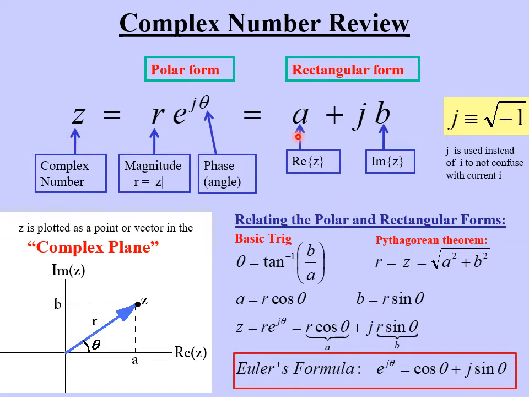Well, notice our rectangular form here, a plus jb, if we eliminate r, in other words, get rid of this r here and this r here just by dividing, then what we're left with is the famous Euler's formula, which says that e to the j theta is equal to cosine theta plus j sine theta. And again, Euler's formula is something that we will be using fairly often in this course.